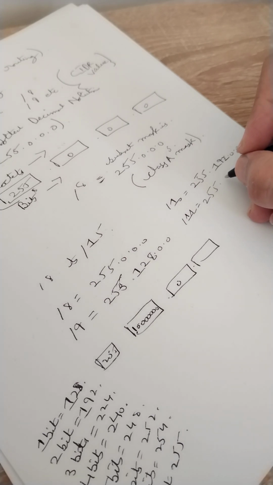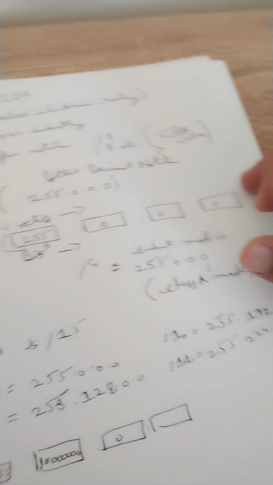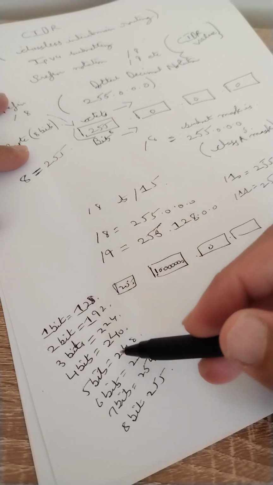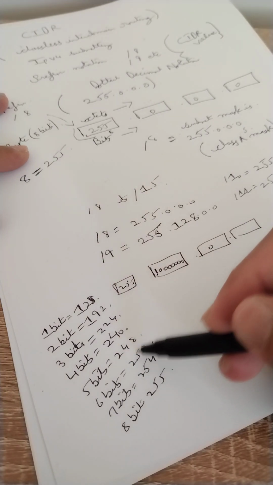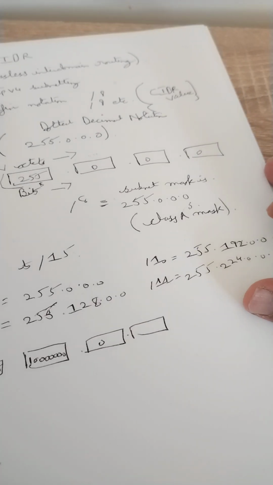What's going to be the next one? 224. Similarly, including all of these, this will carry on, but these values are vital to remember.